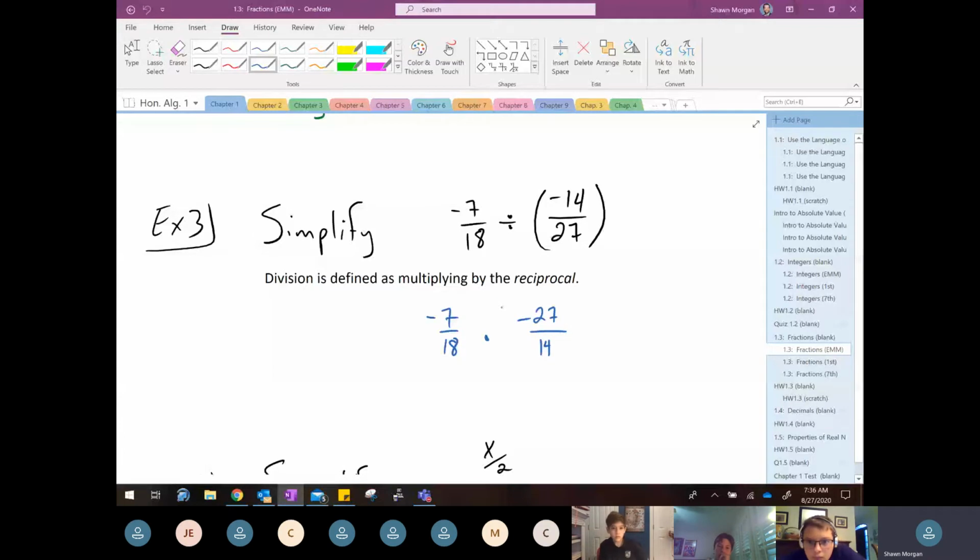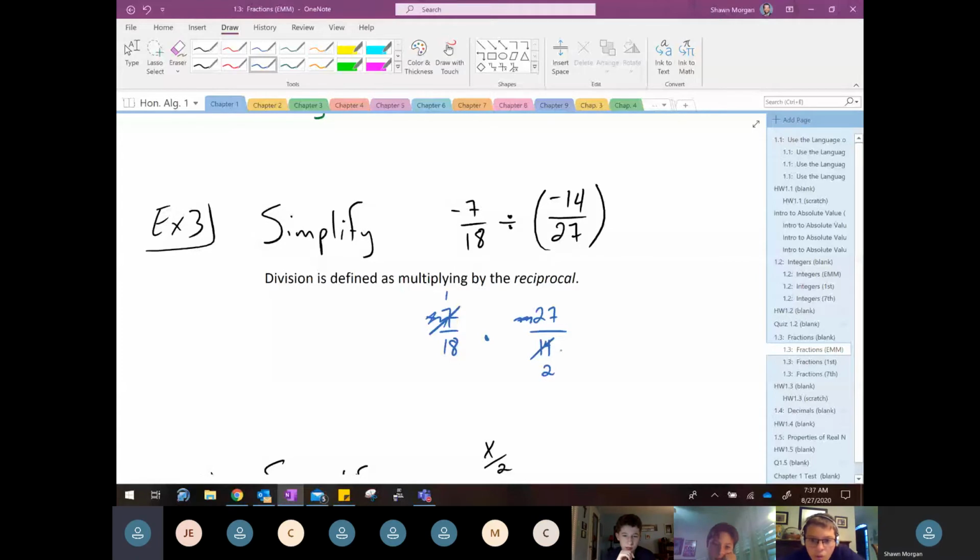Go, Alex. 7 and 14. All right, so I'll just go ahead and cancel out this -2. 7 goes into itself once, goes into 14 twice. And then somebody at home holler at me if there's a common factor you want to cancel out that still remains. 27 and 18. What about 27 and 18?